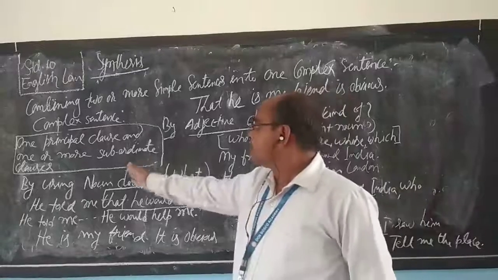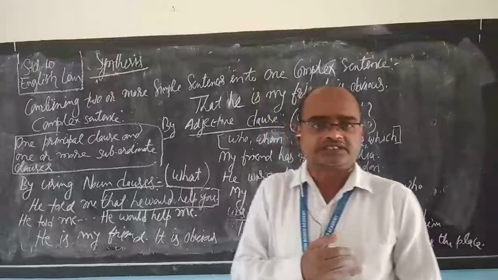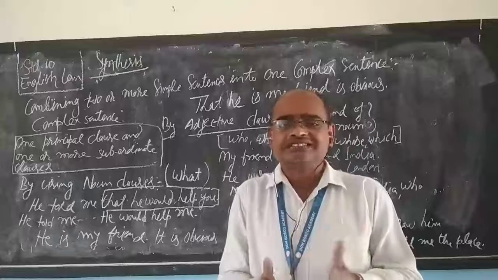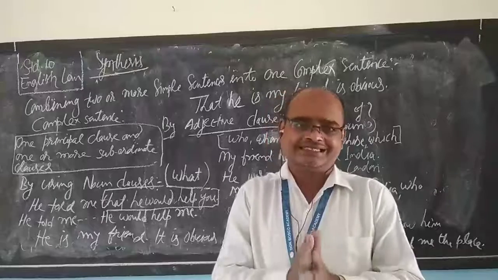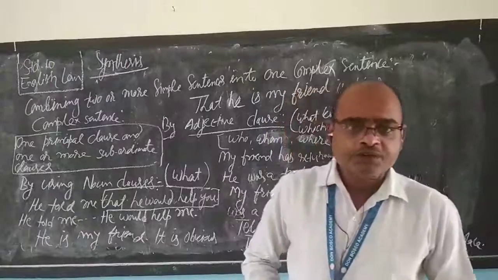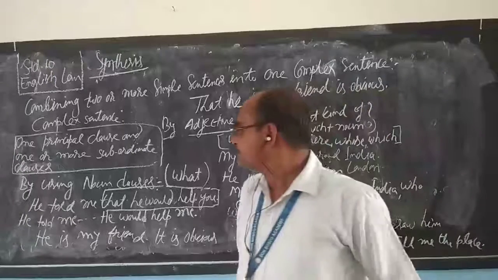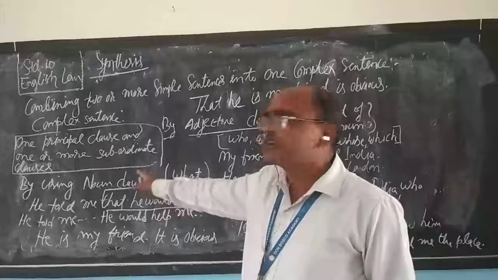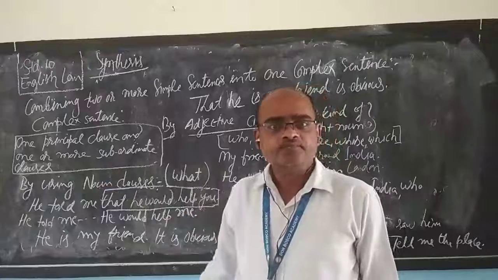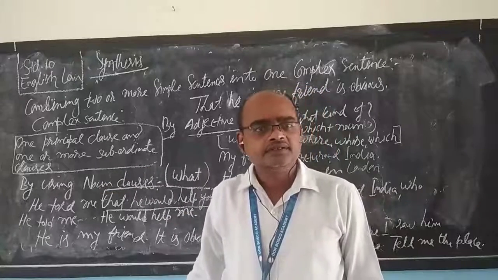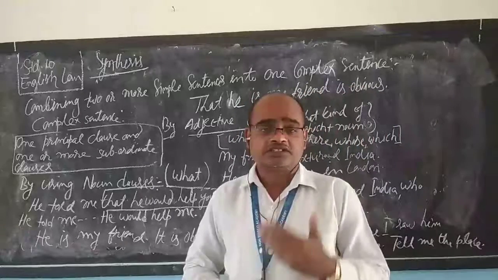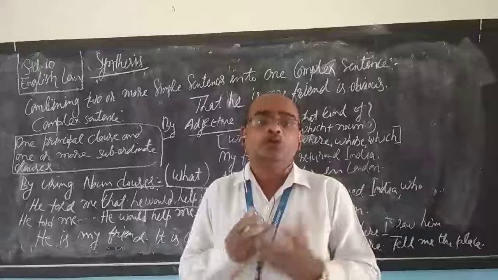So there are three rules we follow to join two or more simple sentences into a complex sentence. First, you can use noun clauses. So what is a noun clause? This clause works like a noun.